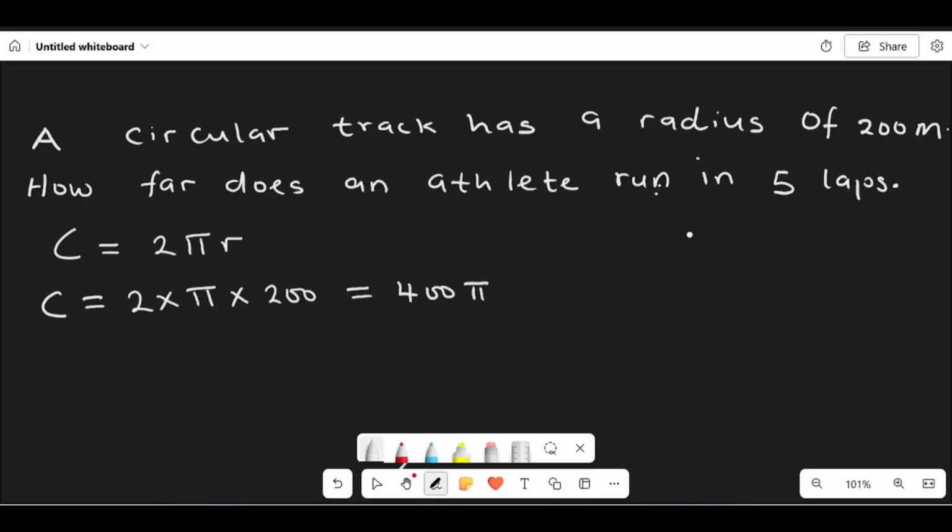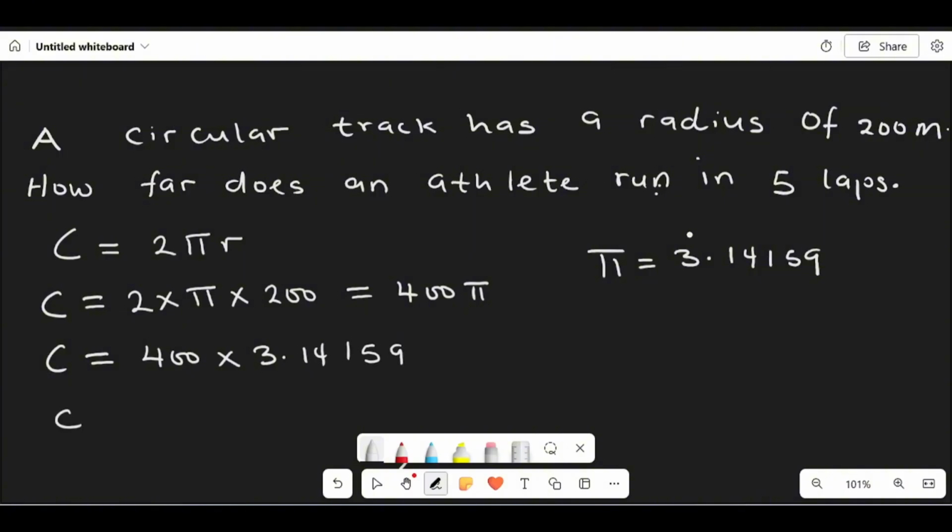If we take our pi to be 3.14159, so C equal to 400 multiplied by 3.14159. C equal to 1256.64 meter.